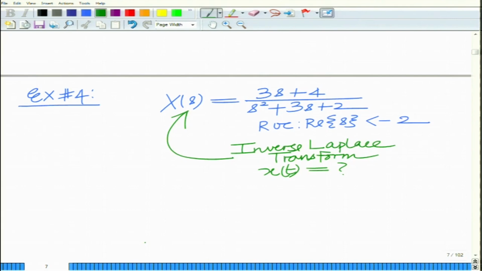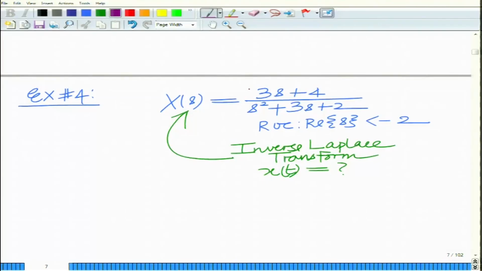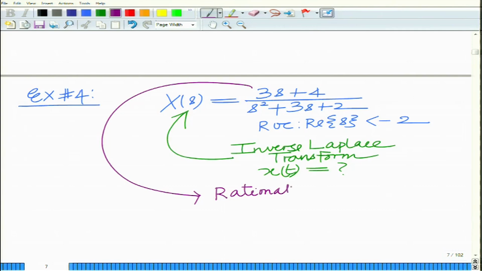Now, we want to evaluate the inverse Laplace transform corresponding to the given Laplace transform X(s), that is, we want to reconstruct the corresponding signal x(t). Now, observe first that this is a rational function. That is, it is a numerator polynomial divided by a denominator polynomial.